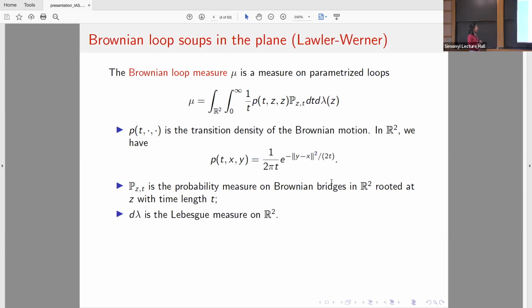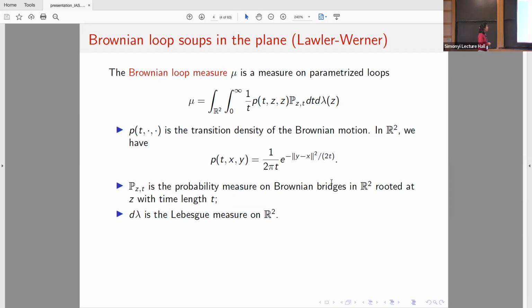As you know, the Brownian loop soups were introduced by Lawler and Werner, and they first defined a measure on Brownian loops by the following explicit integral. This is just an integral over rooted loops, where Z is the root of the loop and T is the time duration of the loop.